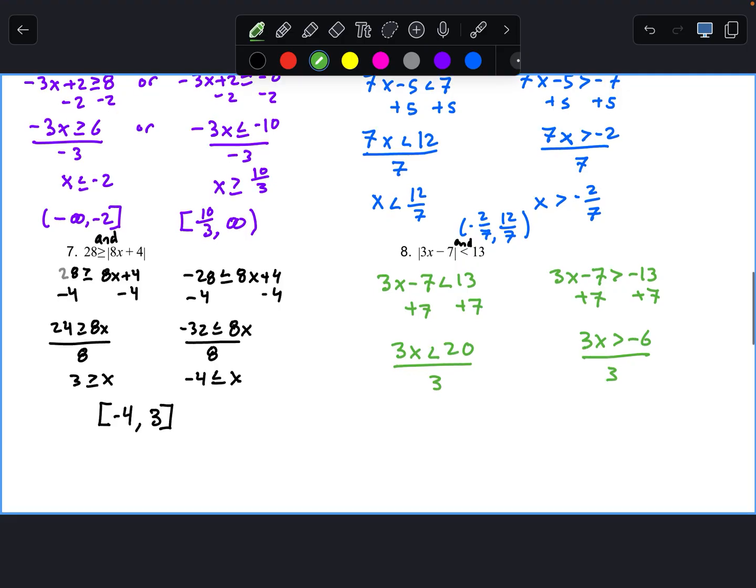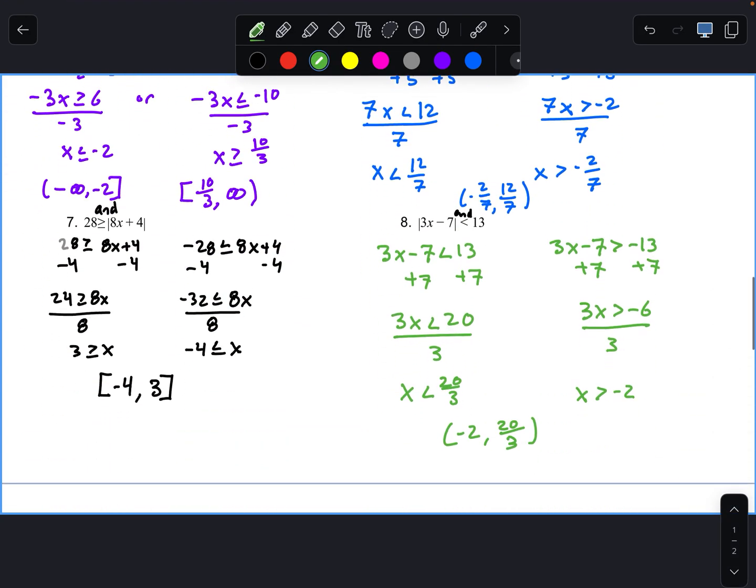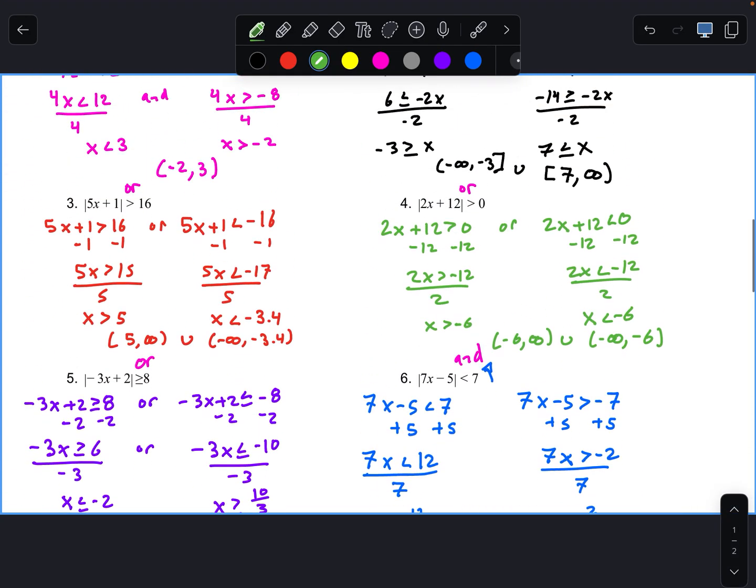I divide out, and I have x as less than 20/3, and x as greater than negative 2. That is my minimum value to my maximum value. And that's it. Those are all of them.